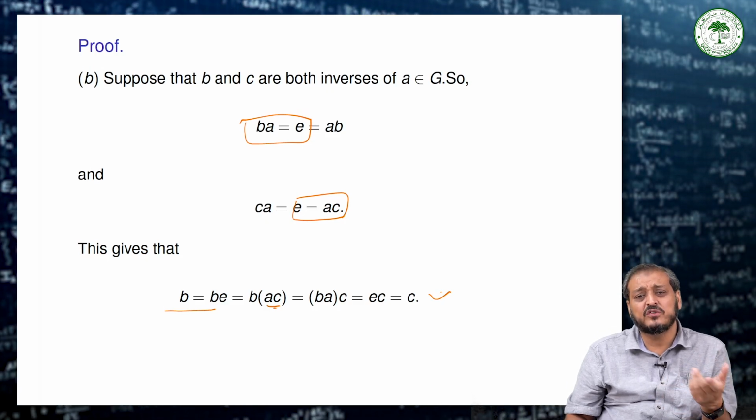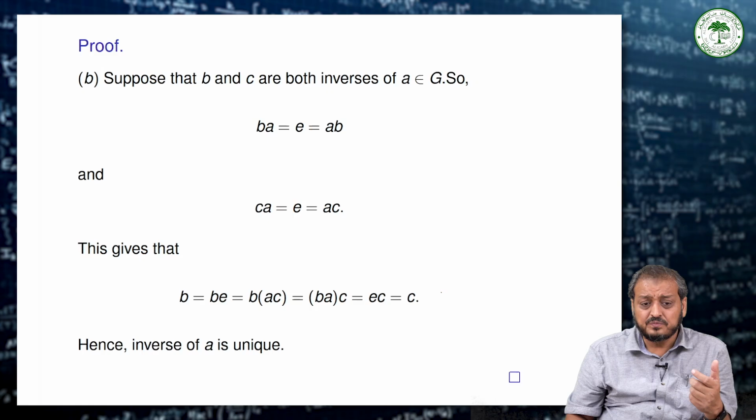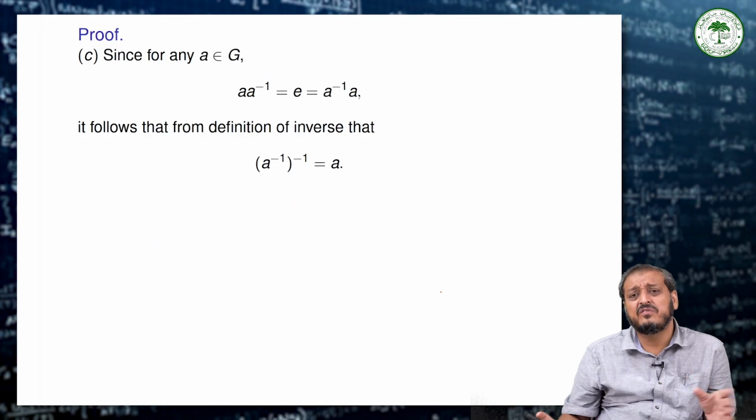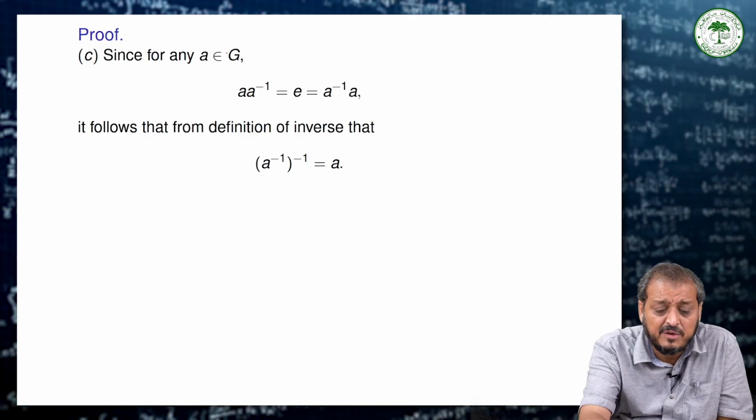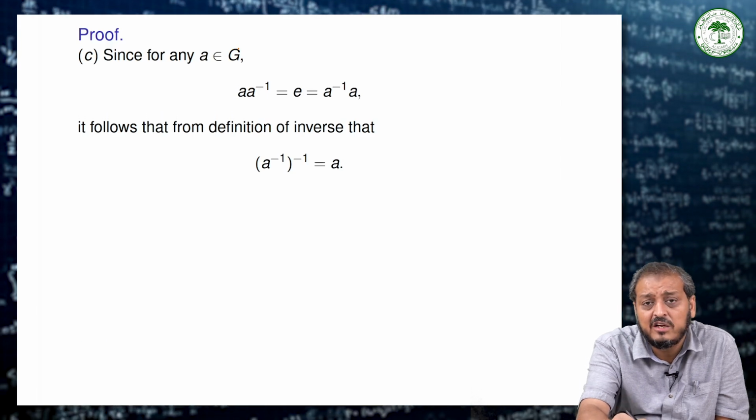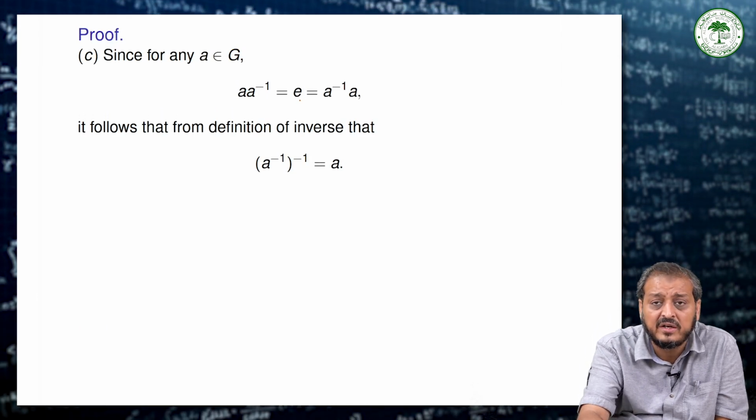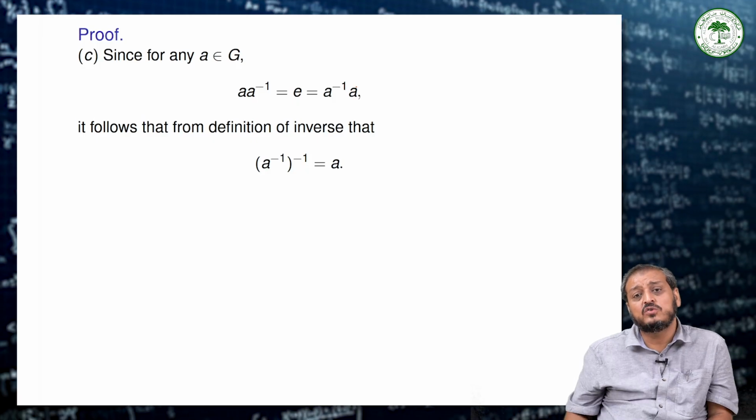Now the second property is that the inverse of A inverse is equal to A. This is very trivial because A is an element of G and A inverse is also an element of G. A composition A inverse is equal to identity and A inverse composition A is also identity.